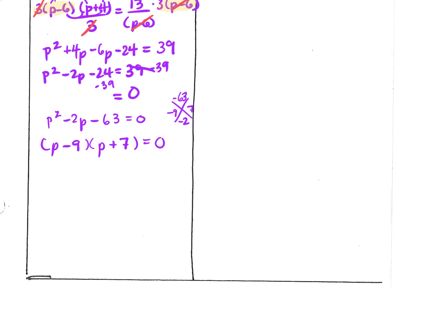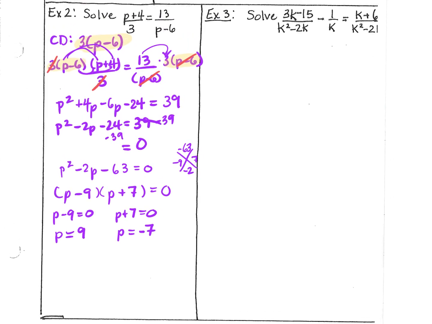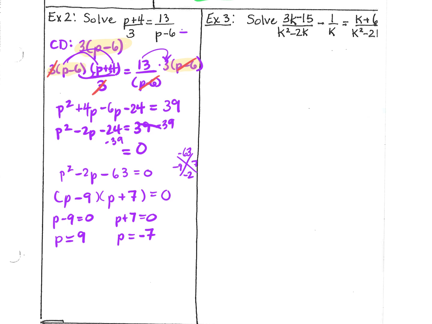So now we take, and if it takes you drawing that little crisscross, do it. Whatever it takes to get you to think about those numbers together. So now we take p minus 9 and p plus 7. So p is 9 and p is what? Okay, so now we need to check for extraneous solutions. What is my only extraneous solution from up here?